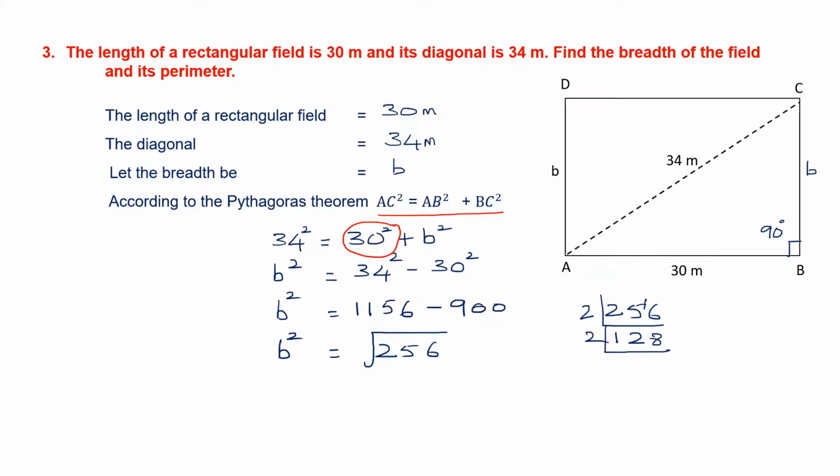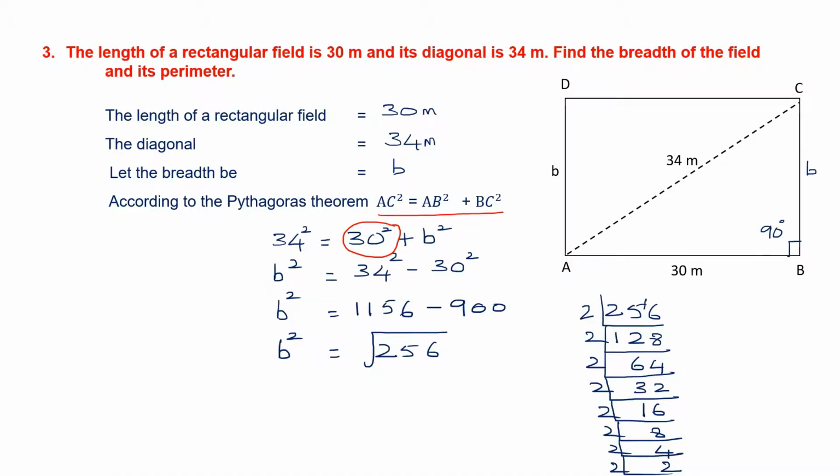Then 2 sixes are 12, 2 fours are 8, 2 into 64 is 128. Then 2 threes are 6, 2 twos are 4, 2 into 32 is 64. 2 into 16 is 32. Then 2 eights are 16, 2 fours are 8, 2 twos are 4 and 2 ones are 2.